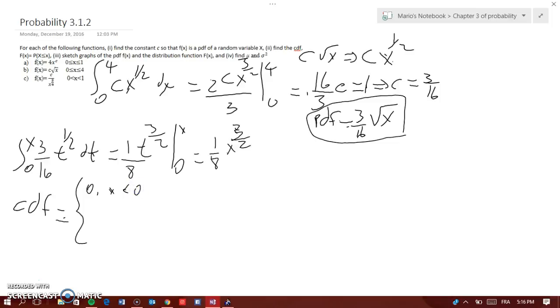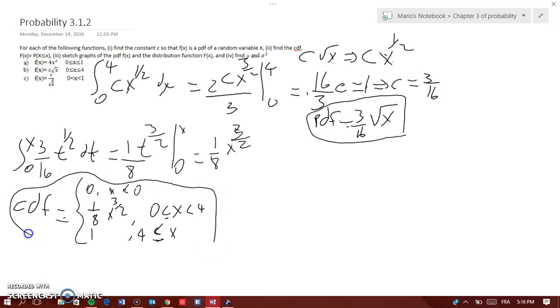The other part is 1 over 8 x to the power of 3 halves, when 0 is less than or equal to x less than 4, and it equals 1 whenever 4 is less than or equal to x. So that's basically the CDF.